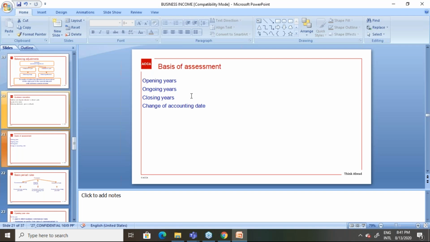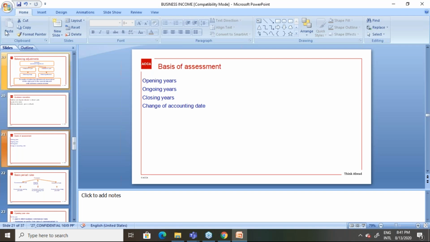Now, when it comes to basis of assessment, that's a concept applicable only to unincorporated businesses. These basis of assessment rules are not applicable to corporates or companies.